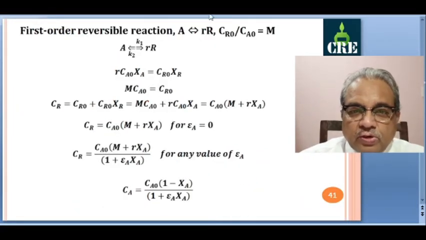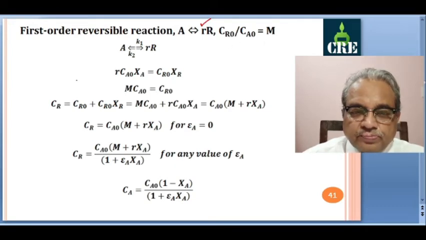Now we'll see the reversible reaction. A gives R moles of R, so stoichiometric coefficient is R. Cr0 by Ca0 is defined as M. Because of this stoichiometry, R Ca0 xa will be Ca0 xr. M Ca0 is equal to Cr0.